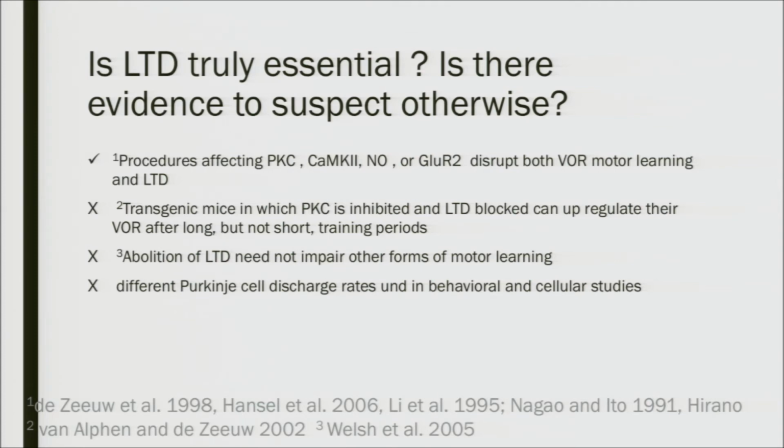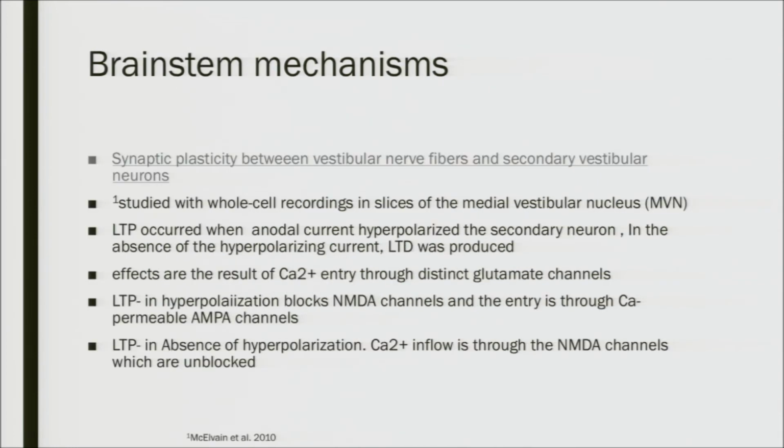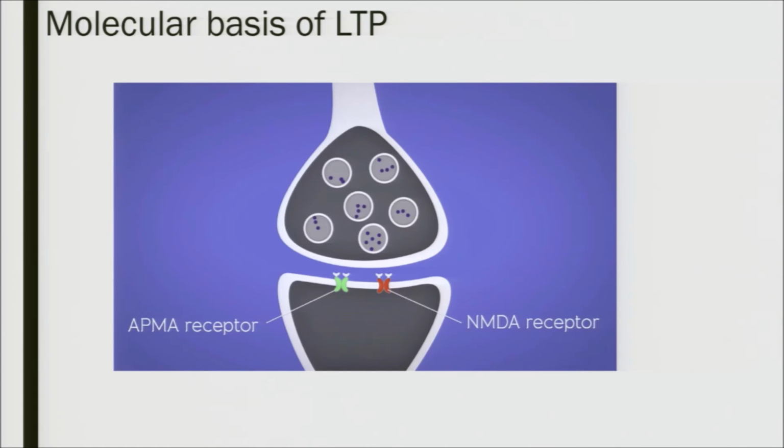These studies show us that cerebellar long-term depression is probably not the only way this is happening. So this is the fallacy. We don't really know exactly the site at which this is happening. Now, the brainstem mechanism, I'll show it to you in a video.